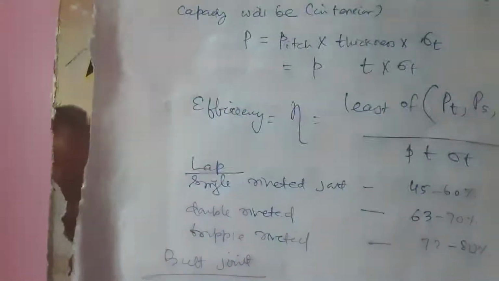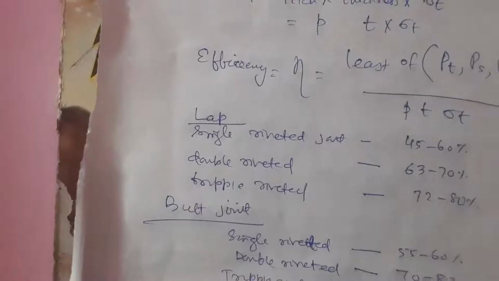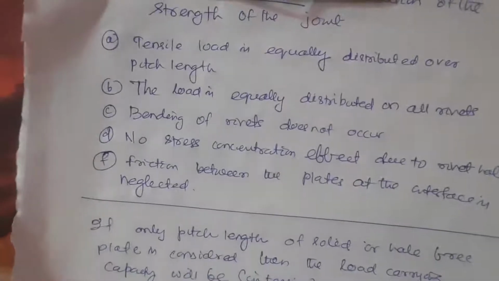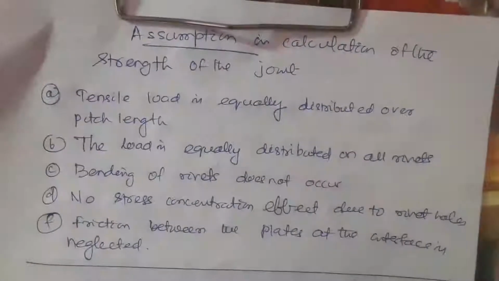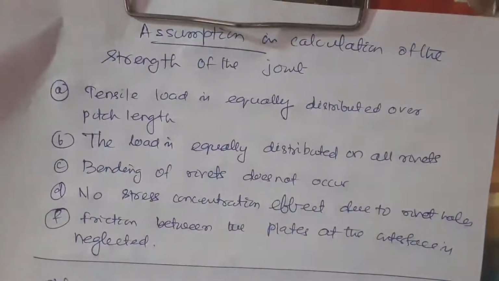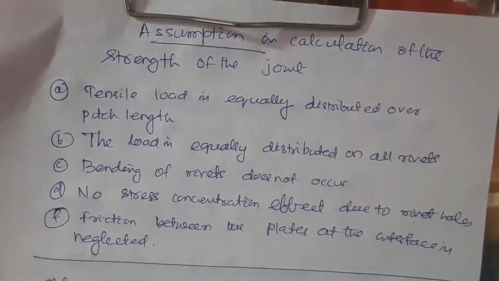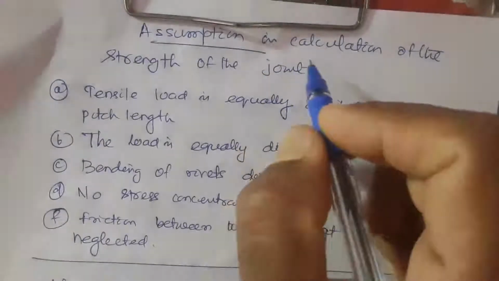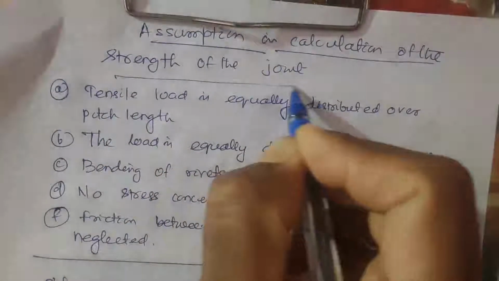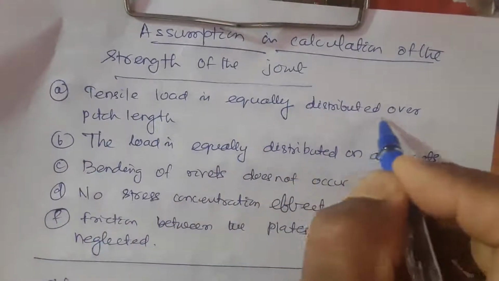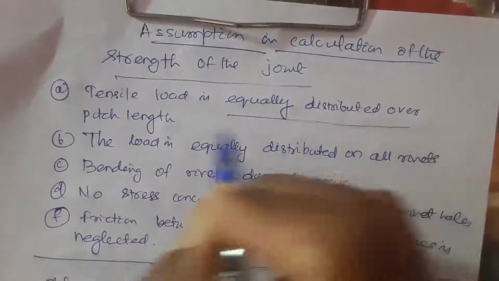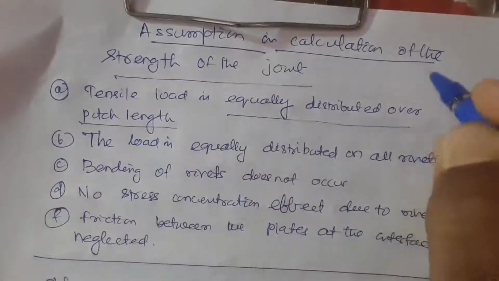We are taking several assumptions. Though holes are drilled and the joint should ideally be subjected to stress concentration, we are not considering it for simplicity of calculation. Rather, this is taken care of in the factor of safety. So, assumptions in calculations of the strength of the joint: we assume that whatever tensile load is applied to the joint is equally distributed over the pitch length.